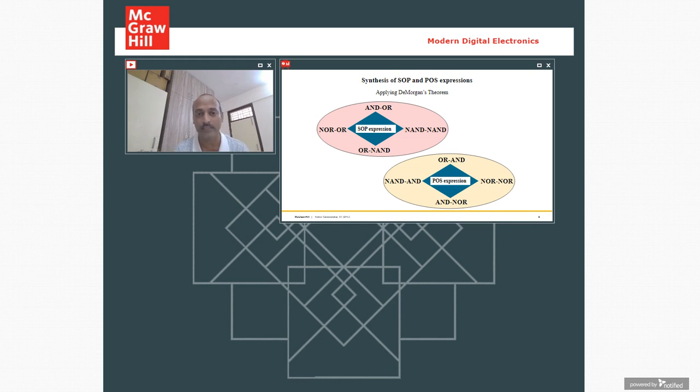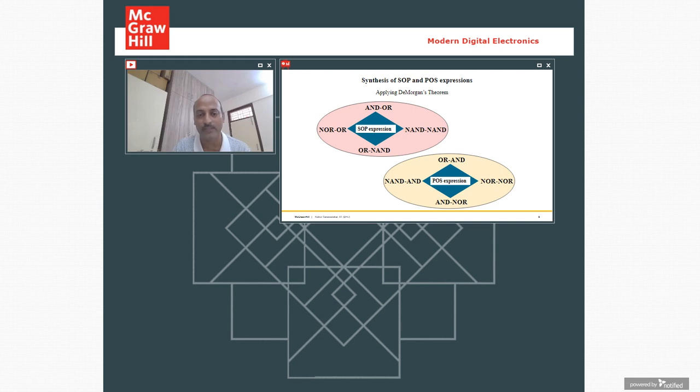If our circuit is an SOP expression, then the AND-OR stage circuit can be implemented by just applying De Morgan's theorem into NAND functionality. But if you apply De Morgan's again on this NAND expression, we will get the same expression, which can be realized using OR-NAND functionality.